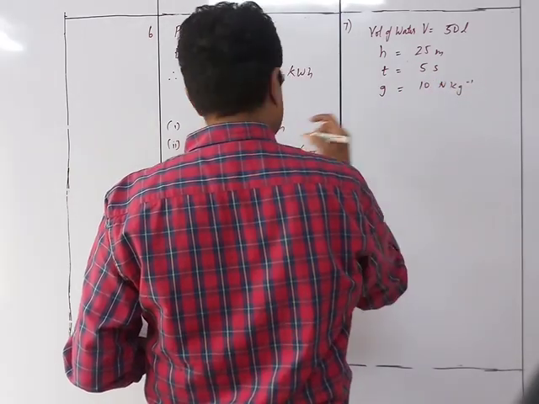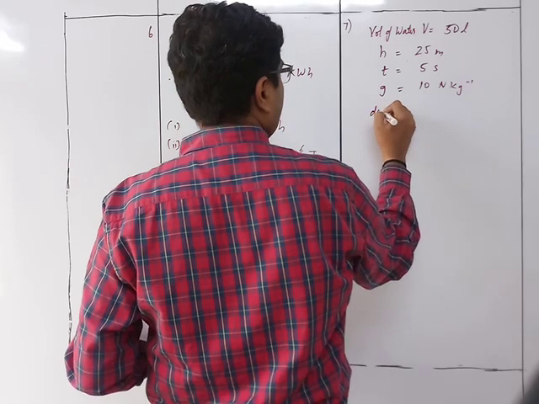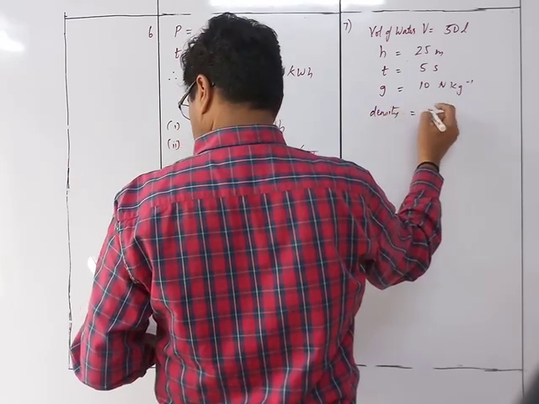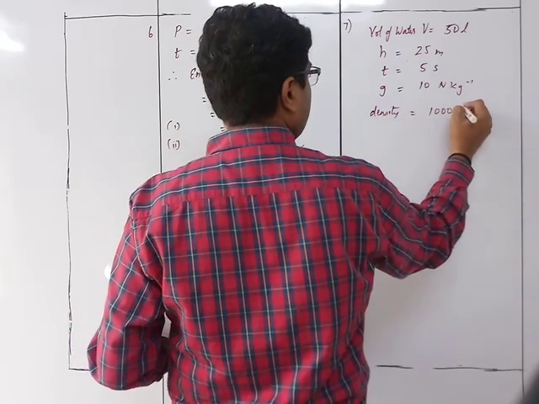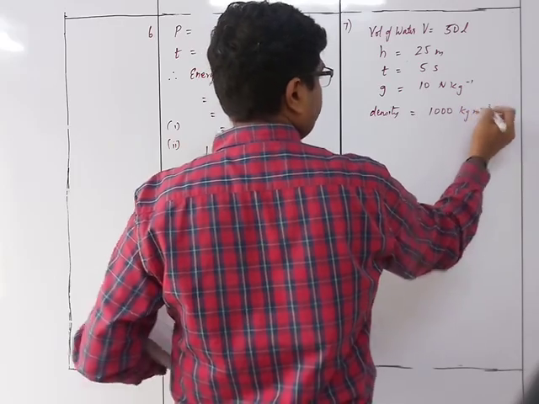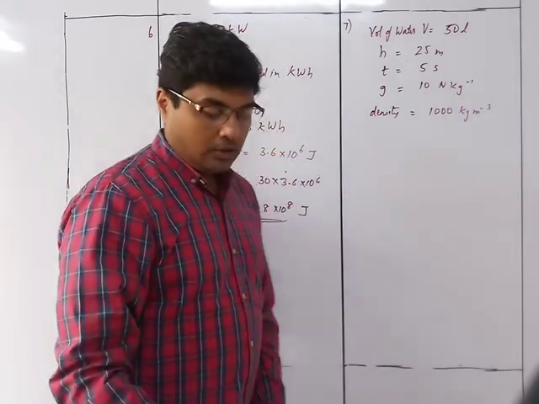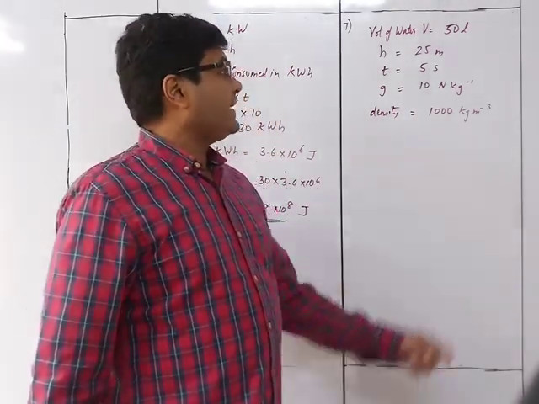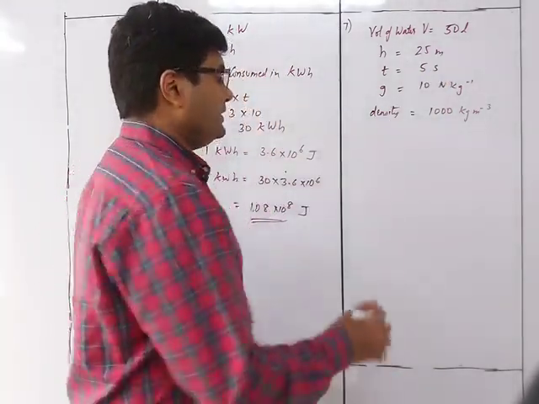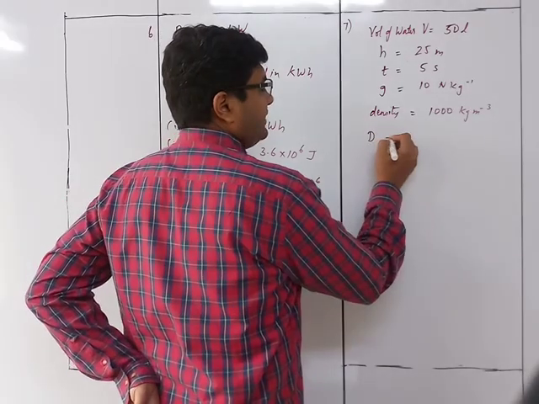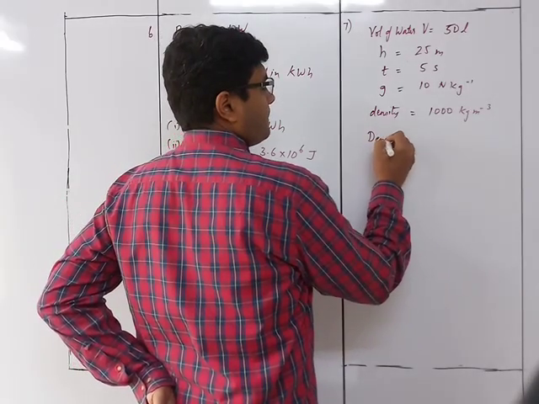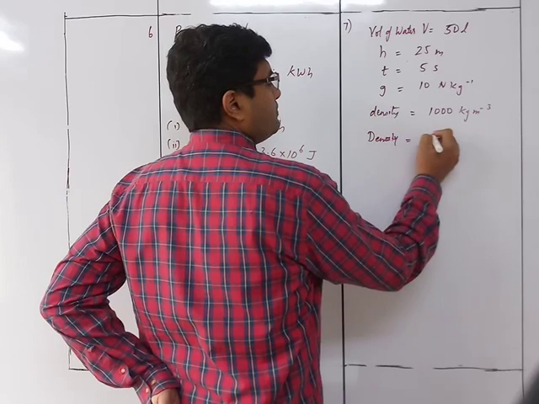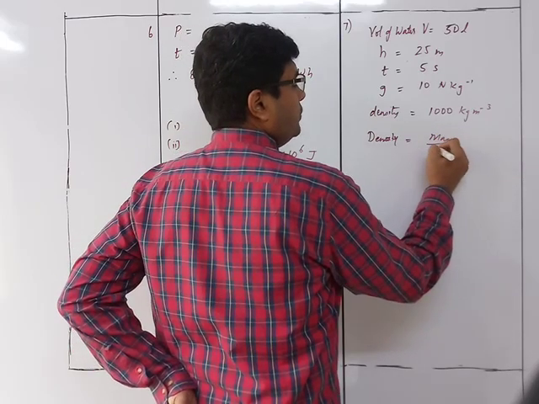And next they are given density equal to 1000 kg per meter cube. So I need to find out the mass, only then I can use mgh. I know that density is equal to mass upon volume.